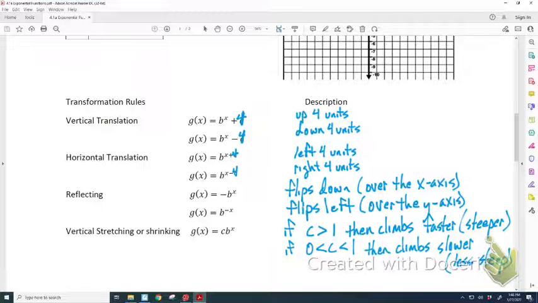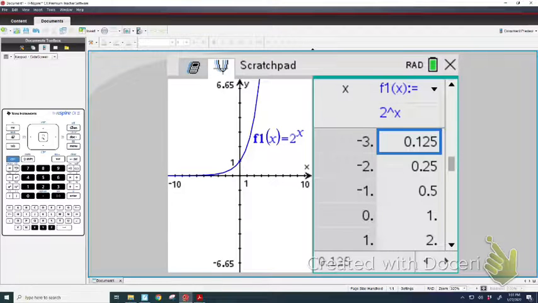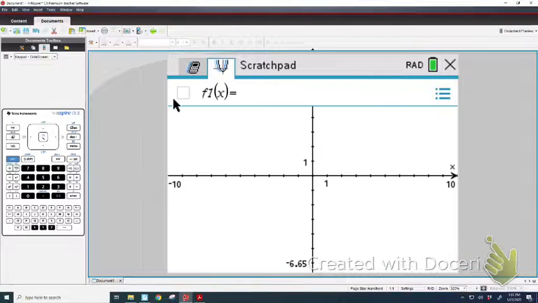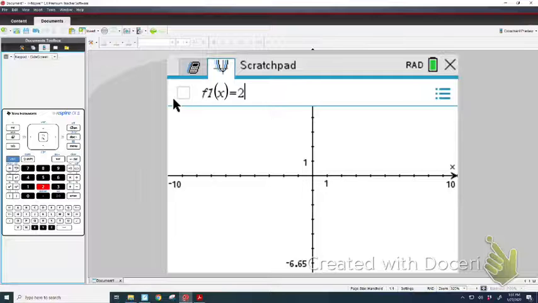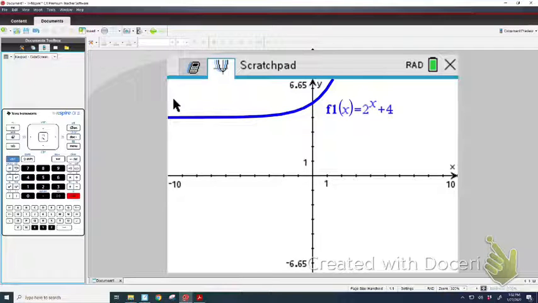And if you forget these rules, the nice thing is you can type them on your calculator to check them. To clear out any graphs, press Clear, we have 2 to the x. Move the cursor out of the exponent, plus 4, and it's up 4.